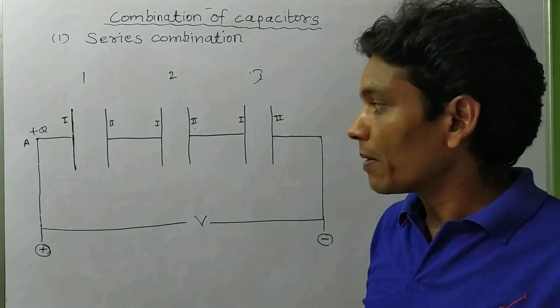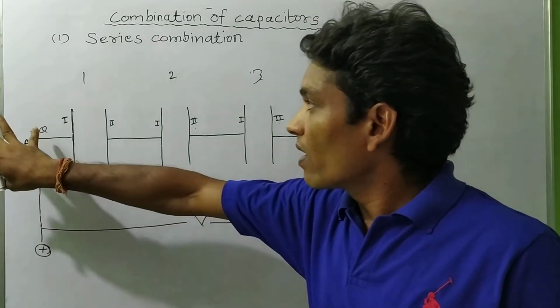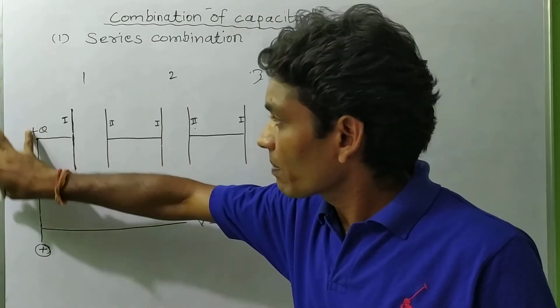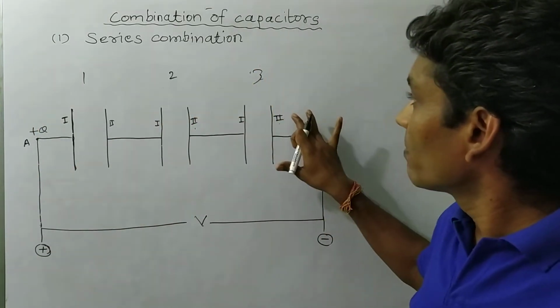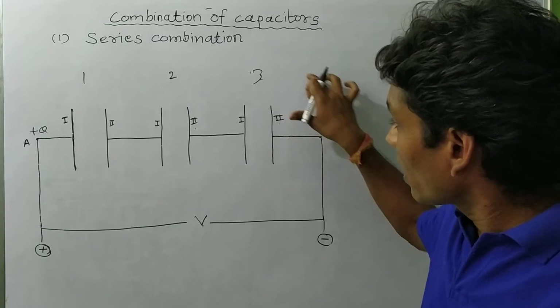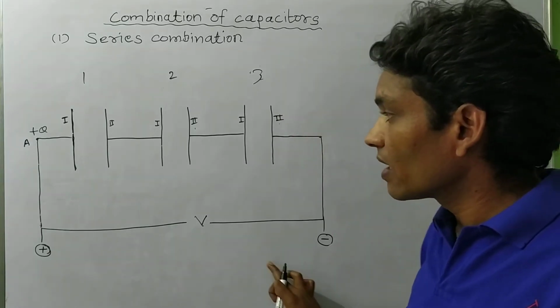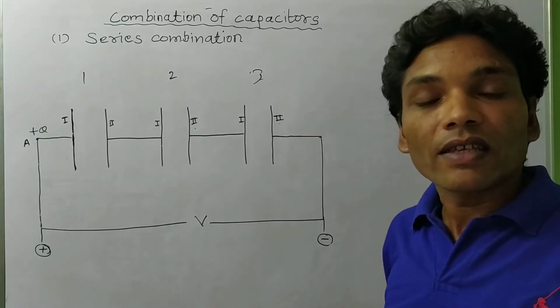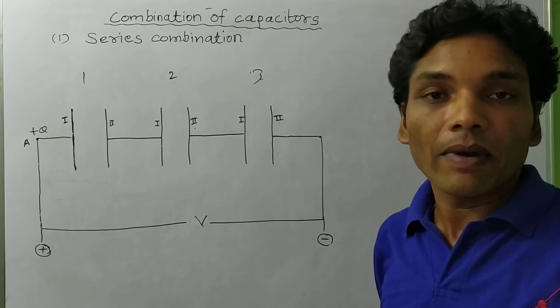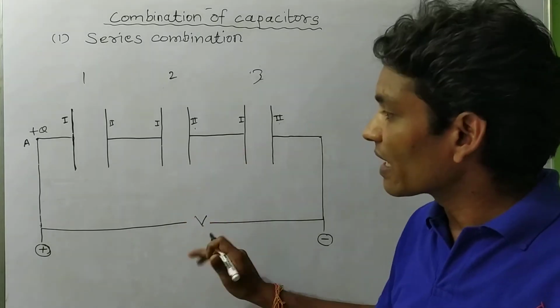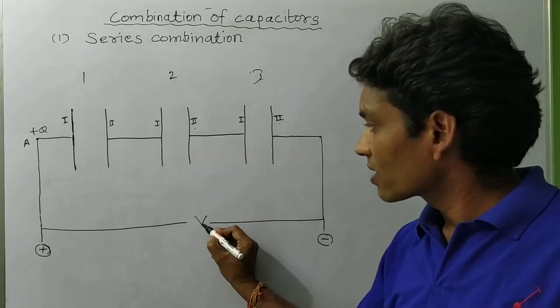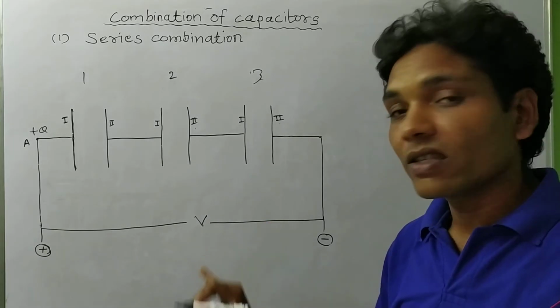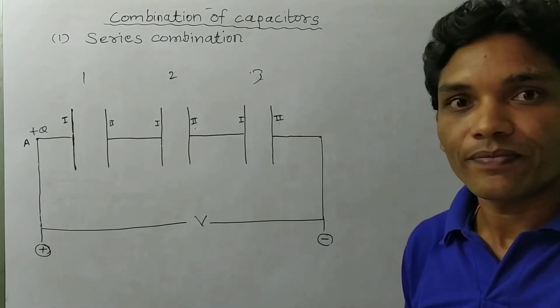Okay, and between the first plate of the first capacitor and the second plate of the last capacitor, voltage is applied. So in this diagram, the applied potential is capital V.